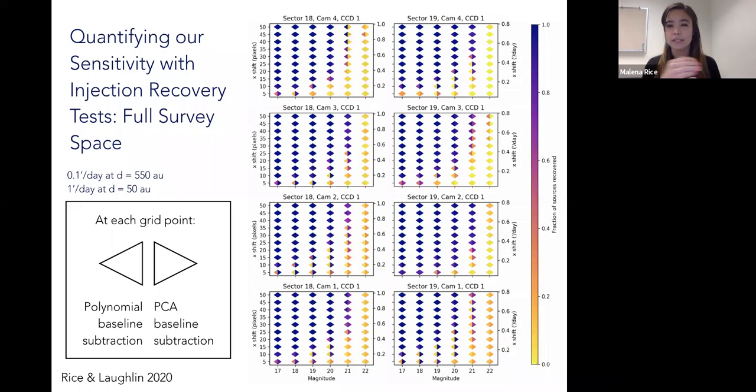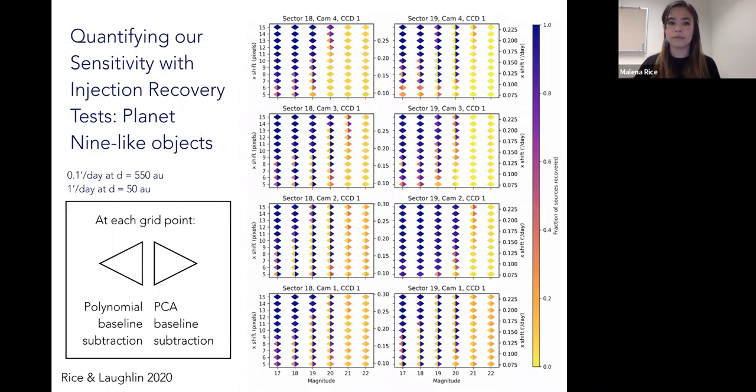And so it's very easy to just subtract away the signal of the object if you're just fitting to the baseline of that pixel itself, because it'll stay in one pixel for most of the time that it's being observed. We also quantified our detection limits specifically for more Planet 9-like objects, and we found that we're sensitive out to about 20th magnitude or so in the galactic plane using the PCA subtraction.